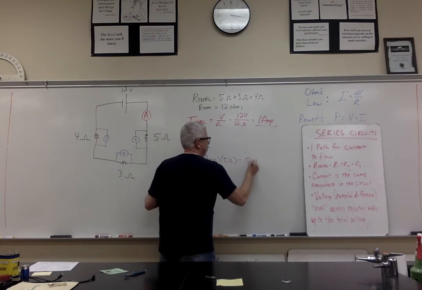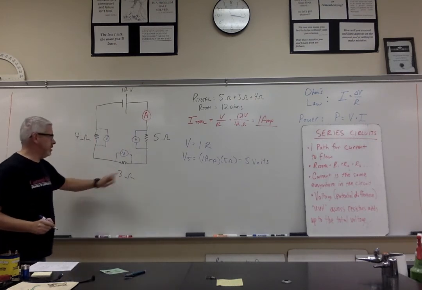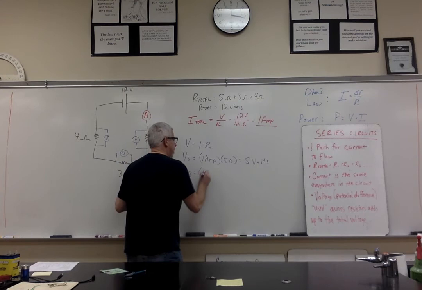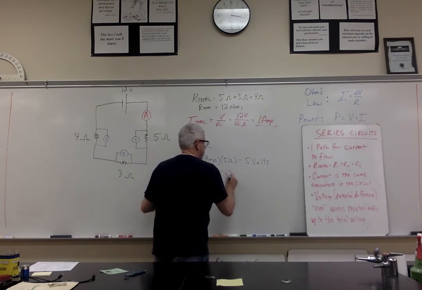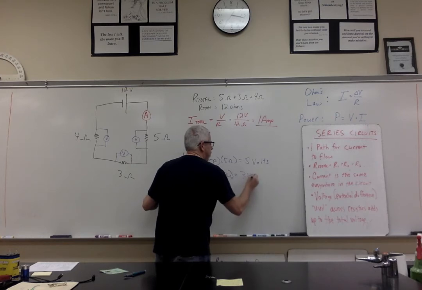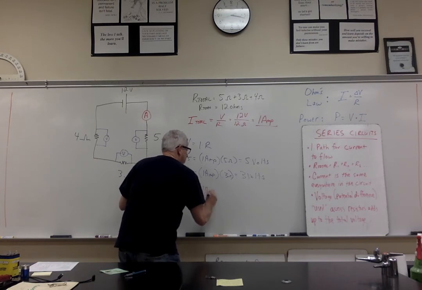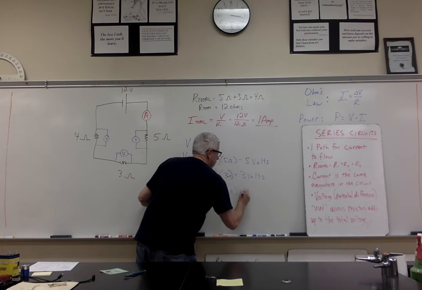And that's 5 volts. Same way, the voltage across the 3 ohm resistor, 1 amp, 3 ohms, 3 volts. And then finally, the voltage across the 4 ohm resistor is obviously going to be 4 volts.